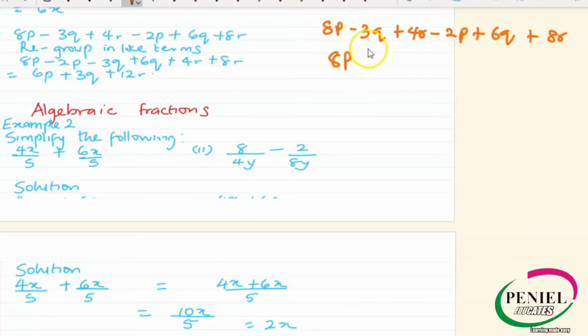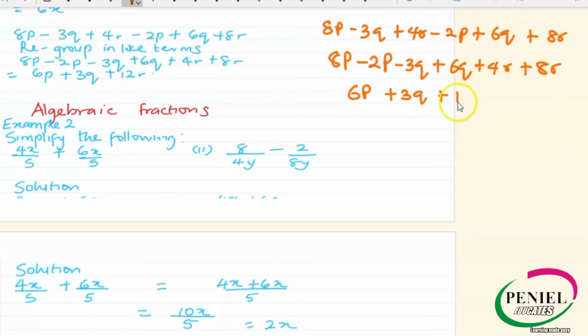So we have 8p followed by minus 2p, then we have minus 3q followed by another 6q, then we have plus 4r followed by 8r. So if we do this, we're going to have 6p, plus minus 3q plus 6q, which is going to give a positive 3q, while we have plus 4r plus 8r, it's going to give us a positive 12r. So that is how we can group in like terms.